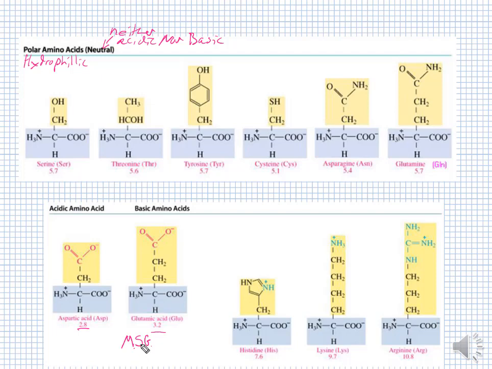Monosodium glutamate is the monosodium salt of glutamic acid. So if we had a sodium ion here, this would be monosodium glutamate. I'm sorry. The acidic side chains, or the acidic amino acids, are these two.